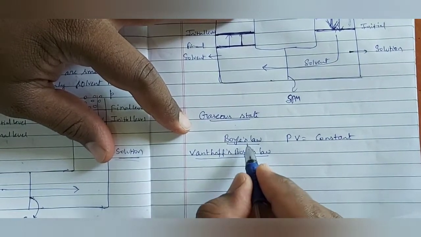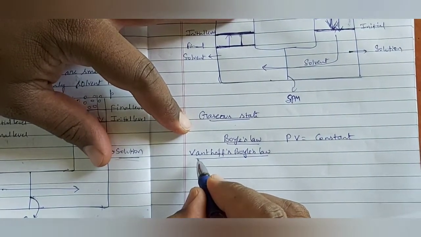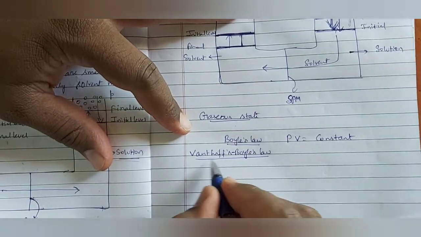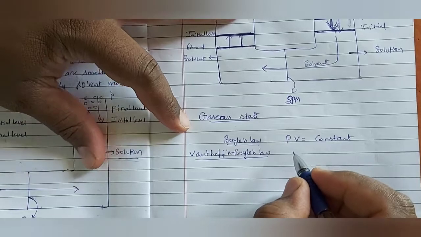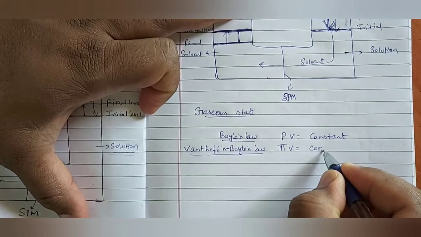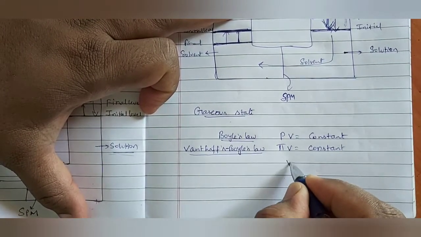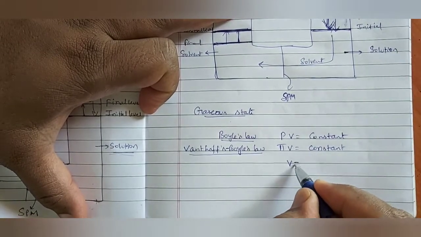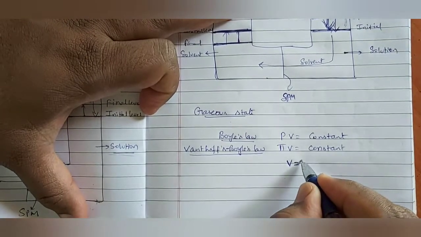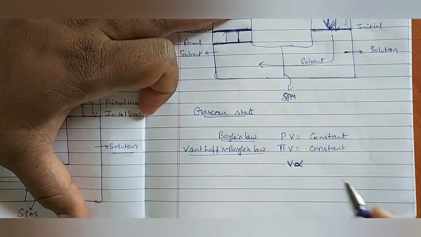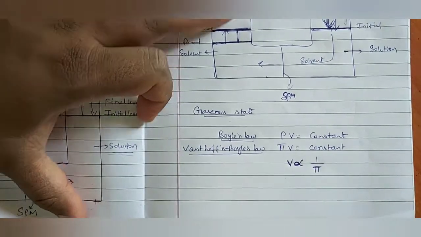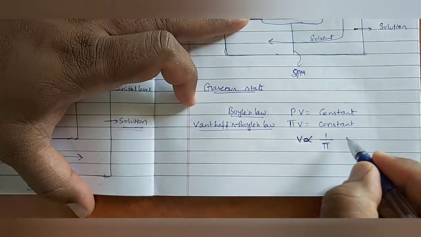In the gas state, only Boyle's law we consider, but in the solutions chapter, along with Boyle, Van't Hoff is also joined. According to Van't Hoff's Boyle's law, pi V is equal to constant. Then V is directly proportional to 1 by pi. That means V is inversely proportional to pi. This is equation 1.